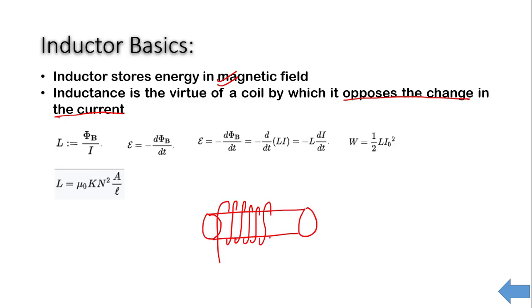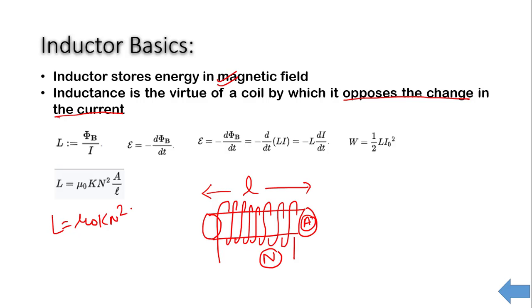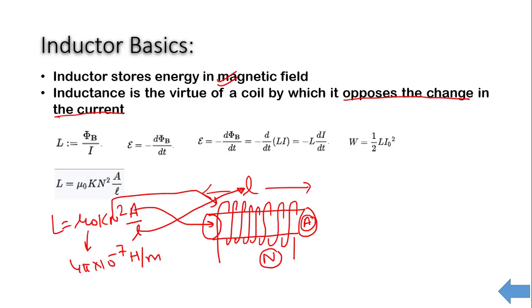Let us assume it to be N. The length of the coil is L. The cross-sectional area is A. Number of turns is N. So inductance of such a coil will be L is equal to mu naught K N square A by L, where mu naught is 4 pi into 10 raised to the power minus 7 Henry per meter. N is the number of turns, A is the area of cross section, and L is the length. So that's how you can calculate the inductance of a coil.